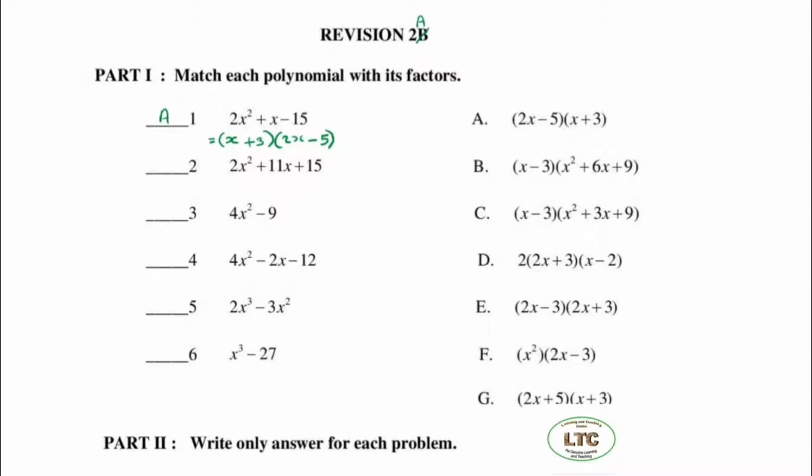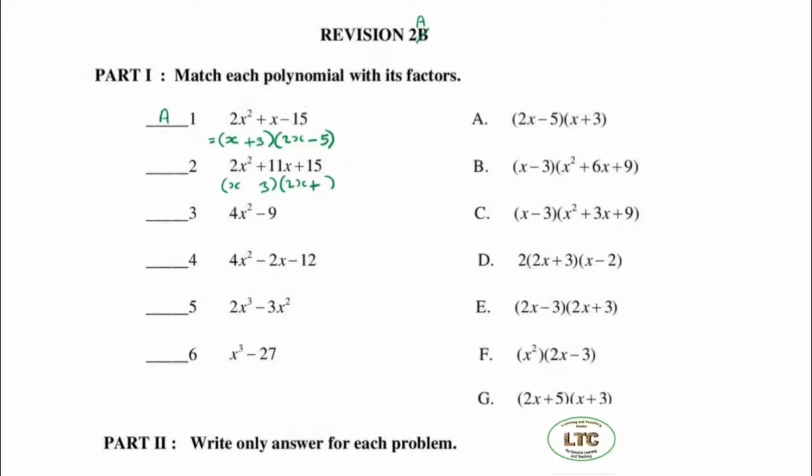Here, let's factorize 2x squared into x and 2x. Only one way. And we want 11x as the middle term. Okay, 15. 3 times 5, I think, right? So 5, 3. 3 times 2x is 6x.